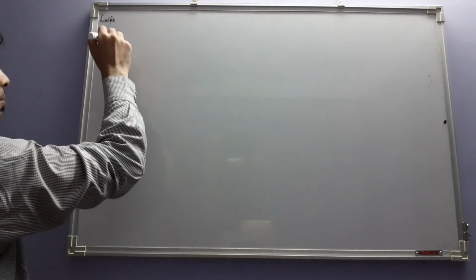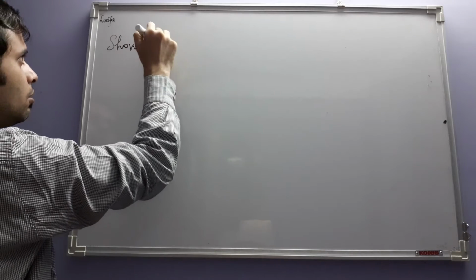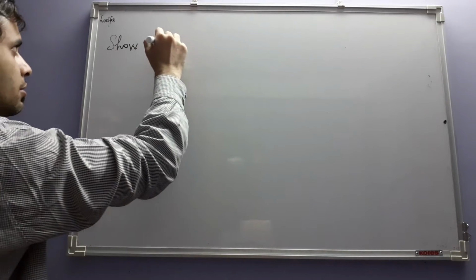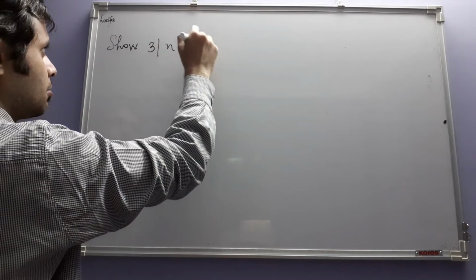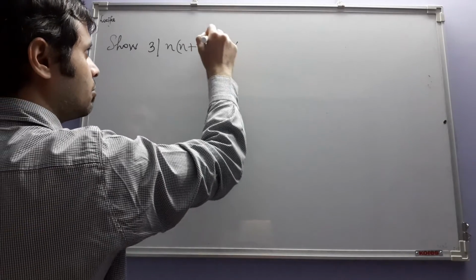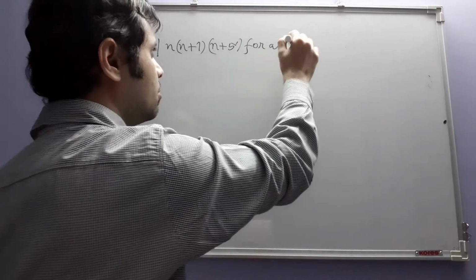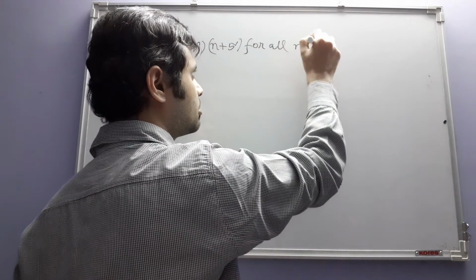So as a first one, we take an easy one. Show 3 divides n times n plus 1 times n plus 5 for all positive integers n.